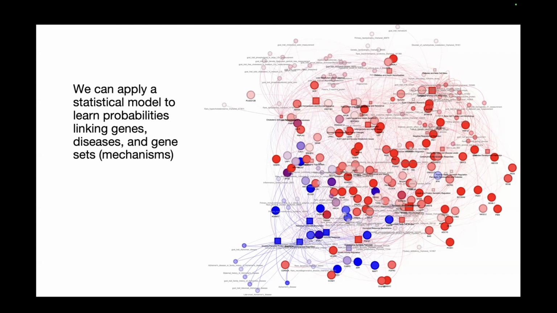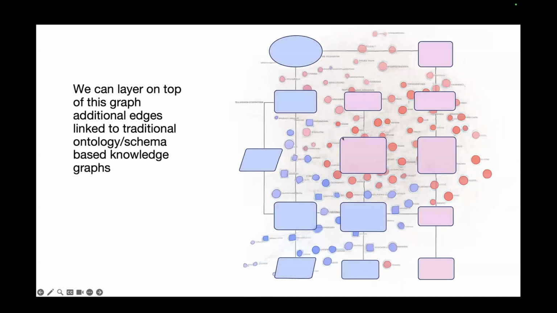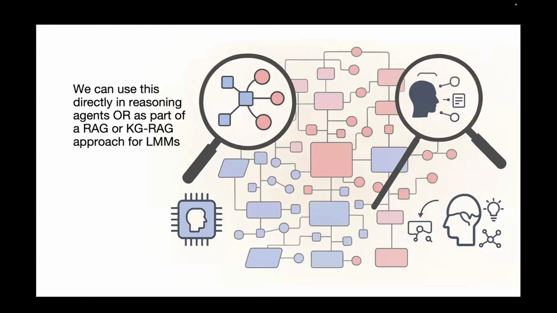And my guess is there's a lot of other examples like this: if you're an expert in a type of data, you can come up with ways that we can build these very high quality and quantitative edges. And then you layer on top of that graph the additional traditional ontologies and schemas that Translator, for example, is doing. And then the future is, okay, is that going into just reasoning agents, or are we doing some type of RAG-based approach?